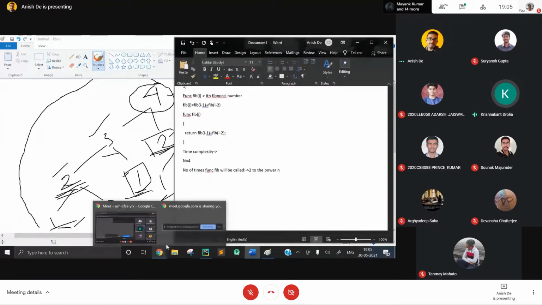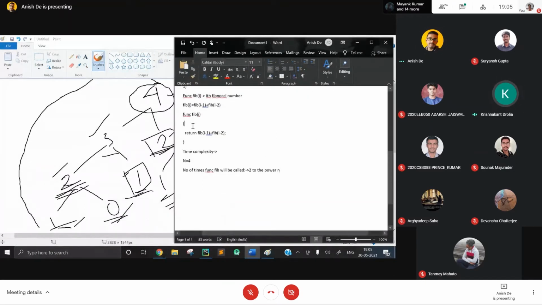We can declare a variable, then add up to it again and again. We can declare a variable and then add recursively. Will it work? We declare a variable, then add to the variable recursively with only one recursive call. This is what I am saying: let c equals to c plus Fibonacci i minus 1.